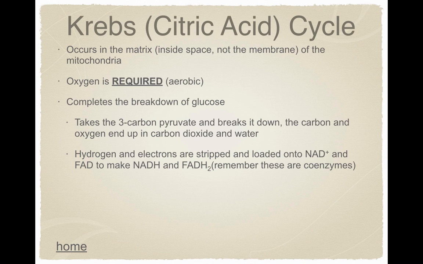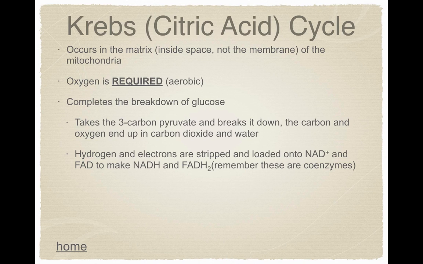So carbon dioxide is going to be produced there. Hydrogen and electrons are stripped and loaded onto the NAD positive and FAD, and it makes NADH and FADH2. Remember, those are coenzymes, so it makes an additional FADH2, which is just another type of coenzyme. It's kind of that fuel or that jump start that will start another reaction.